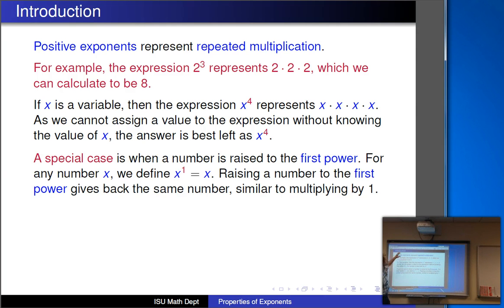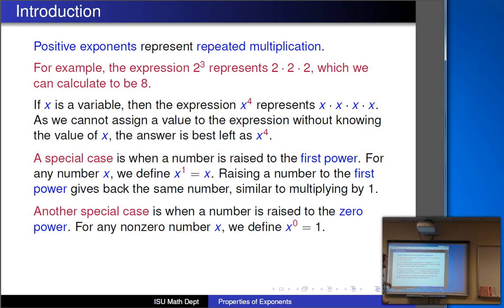Now, if we raise something to the power 0, okay? Anything to the power 0 is going to be equal to 1, a value, all right? If we raise x to the power 0, we get 1. If we raise 2 to the power 0, we still get 1, okay?